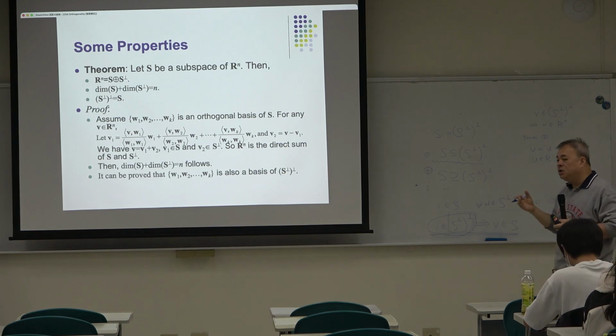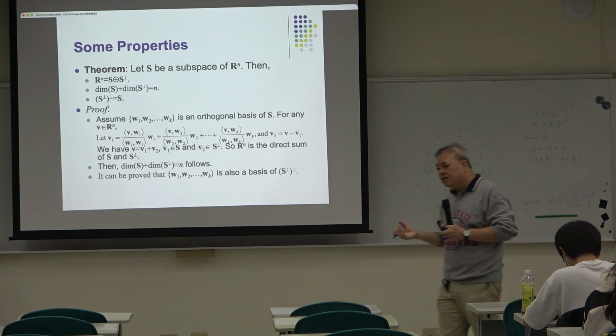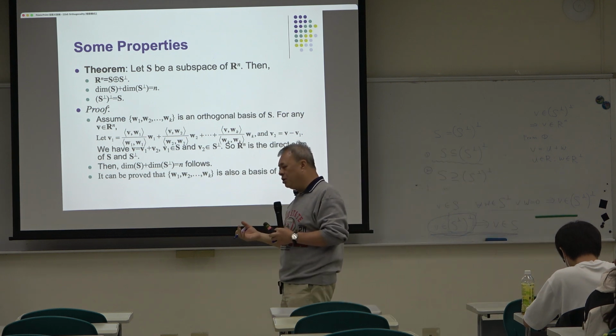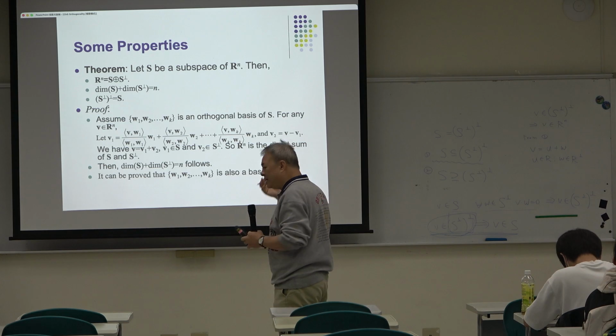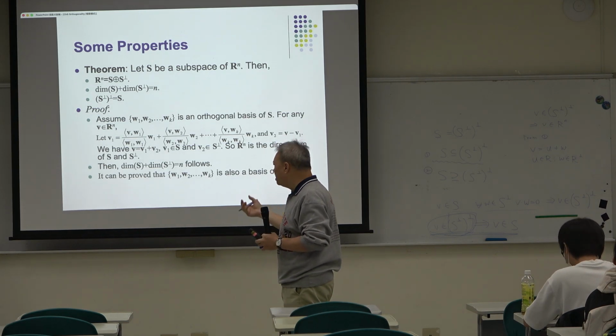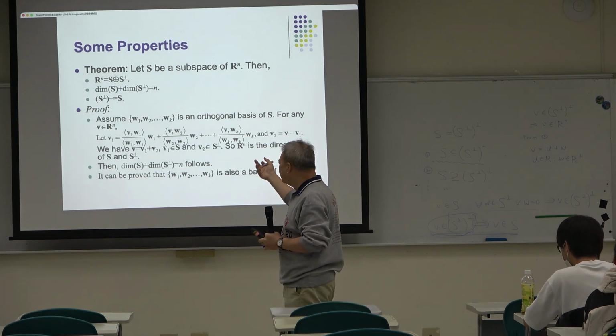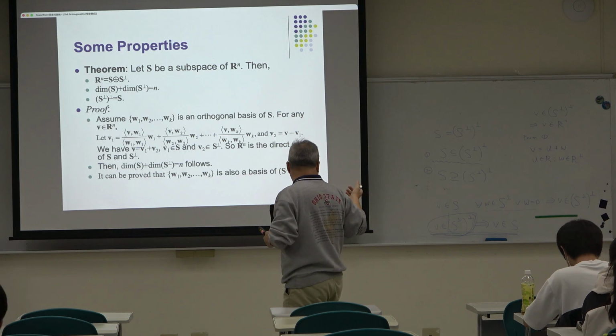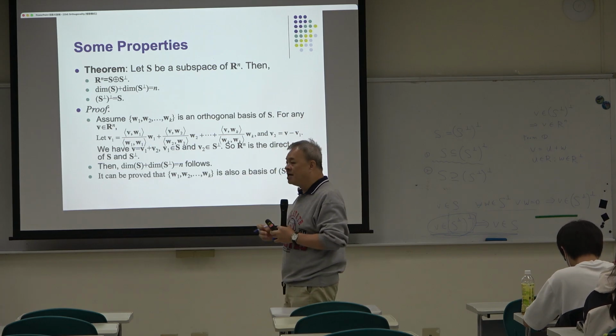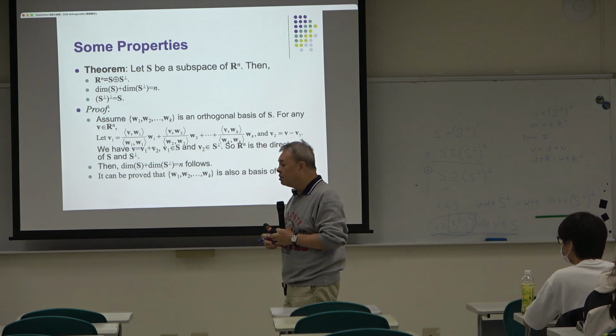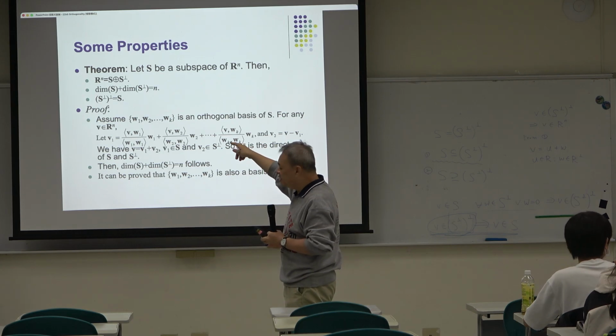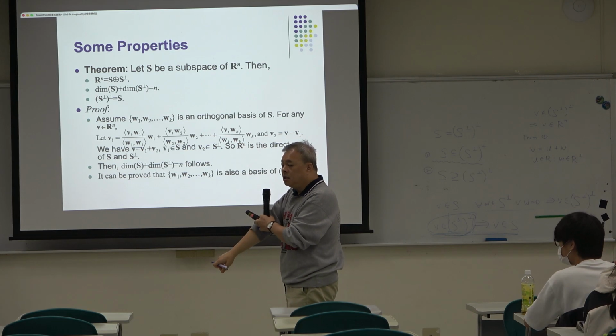V has a unique representation of U plus W, where U belongs to S and W belongs to S orthogonal, right? From the first statement.